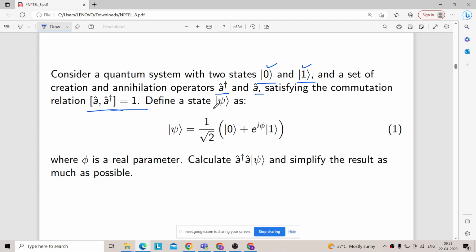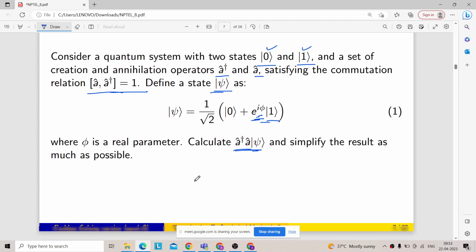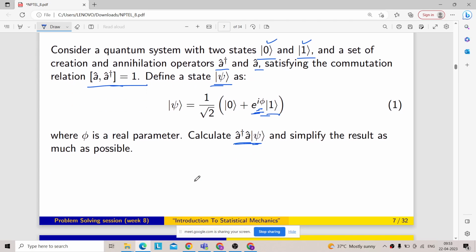Then define a state psi, which is a linear combination of this 0 and 1, and this phi is a real parameter. It's just a phase acting on this state 1. Okay. Then calculate A dagger A on this state psi, and simplify the result as much as possible.